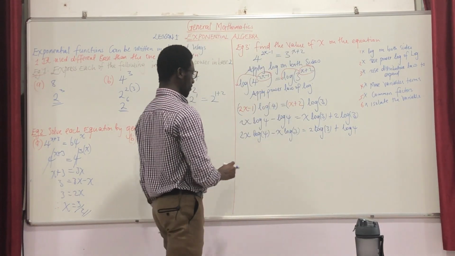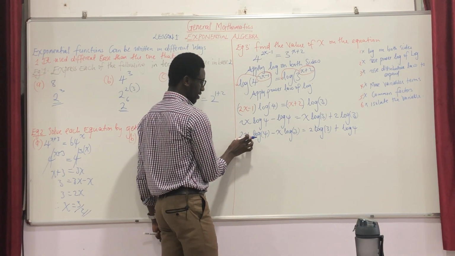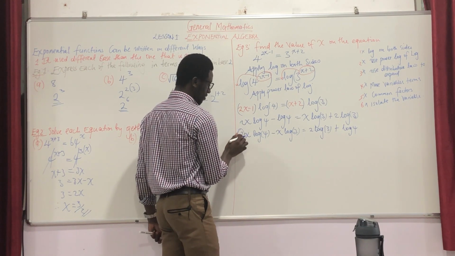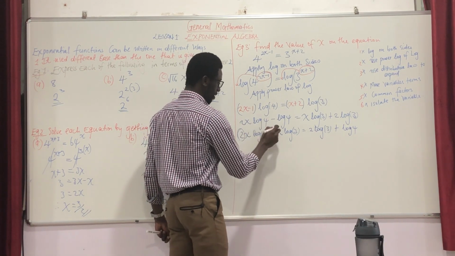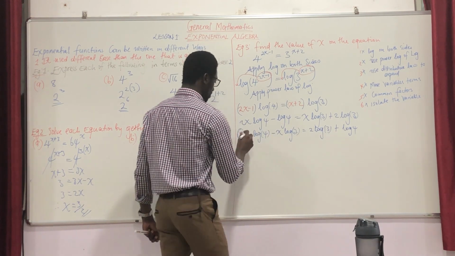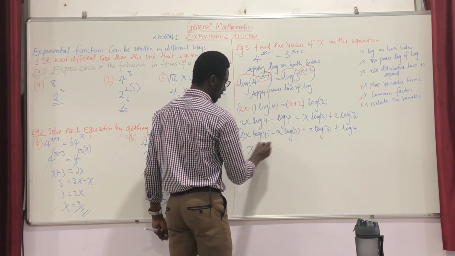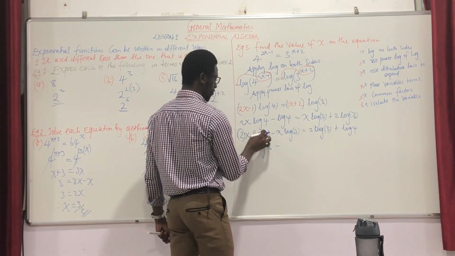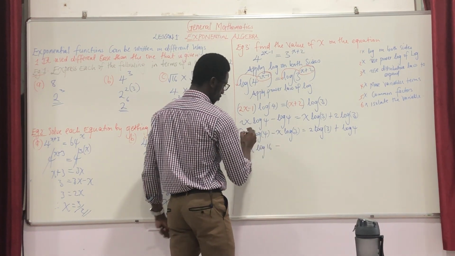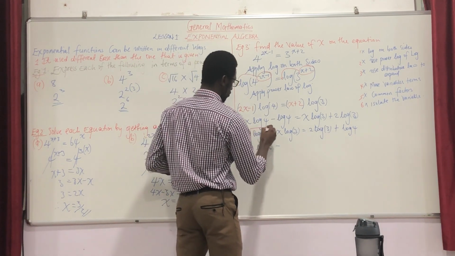Again, we can further send this one up here. This one becomes 16. So this now is x log 16 minus, 4 to the power 2 is 16. So this is 16. This one comes here. Make it very clear.